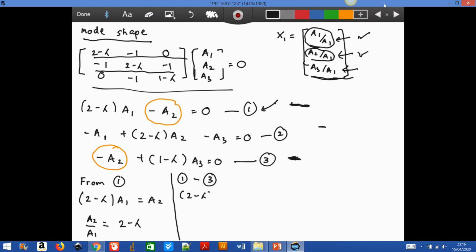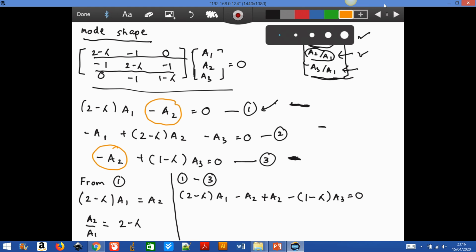2 minus lambda a1 minus a2 plus a2 minus 1 minus lambda a3 is equals to 0. If you look here, because minus a2 plus a2, then it becomes 0.